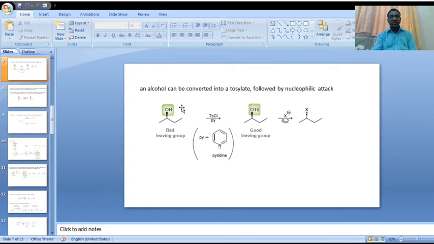In this case OH is a bad leaving group, but after replacement with tosyl, it is converted into a tosylate, which acts as a good leaving group. Then the same SN2 mechanism proceeds.